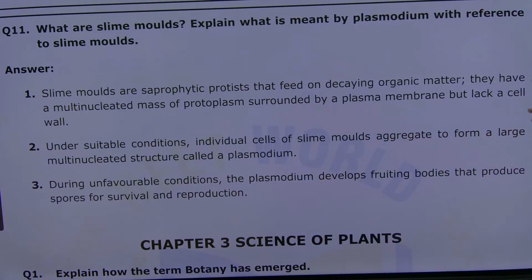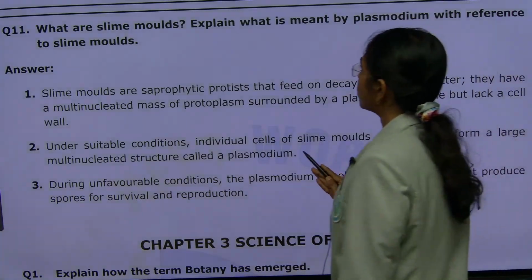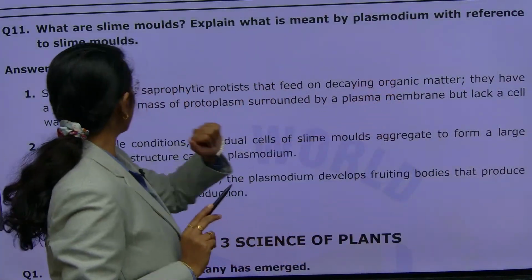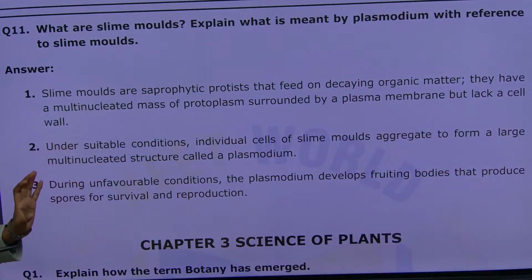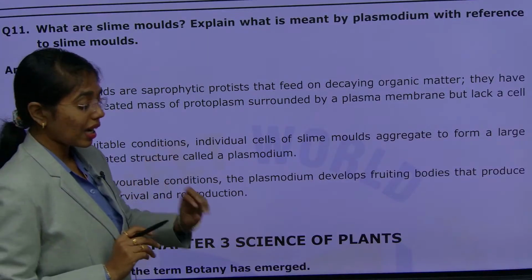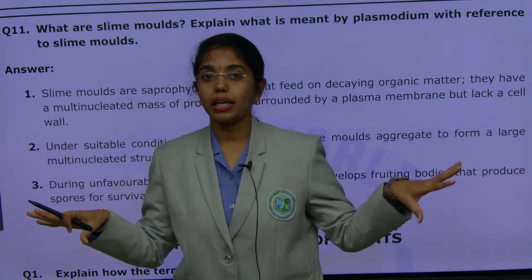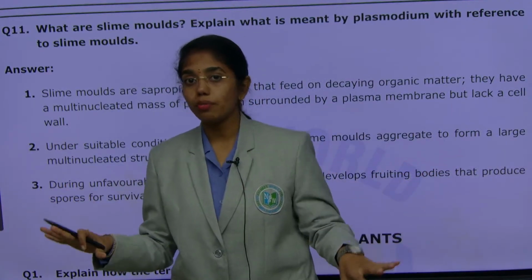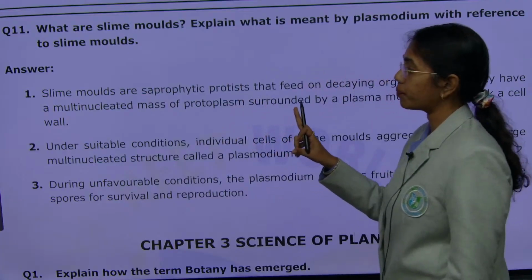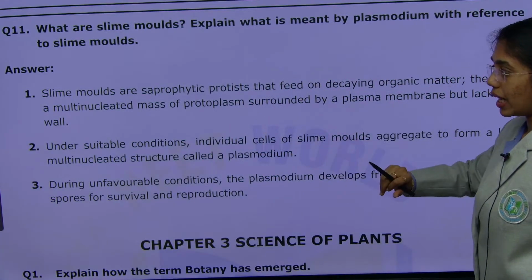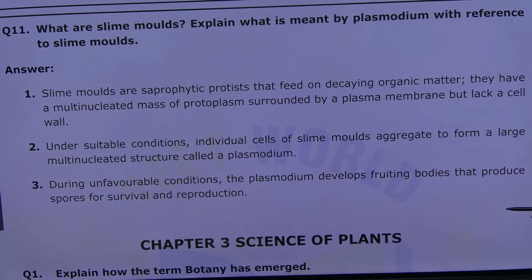Last question, what are slime molds? Explain what is meant by plasmodium with reference to slime mold. During favorable conditions, slime molds will extend their false feet and grow completely. That complete extension of slime mold is addressed as what? Plasmodium. Explain in a detailed way: slime molds are saprophytic protists which feed on decaying organic matter.